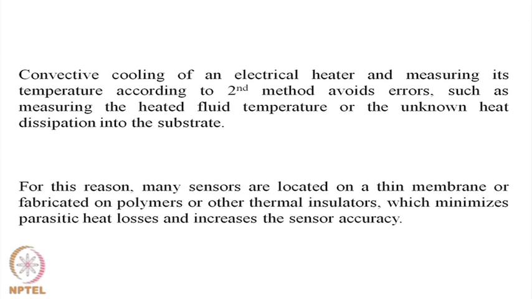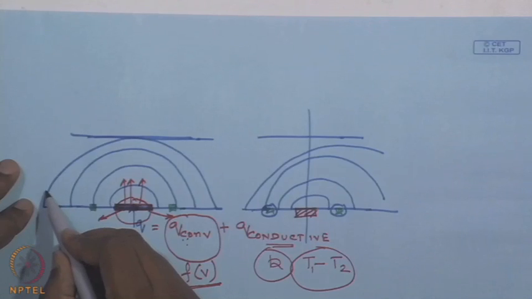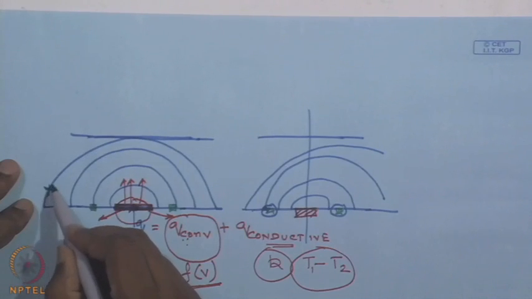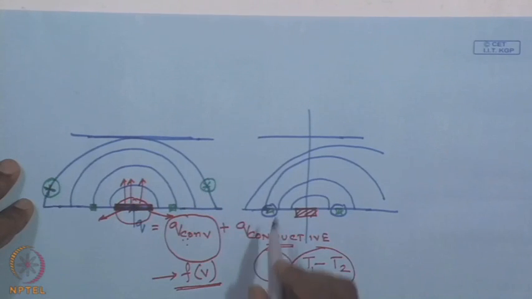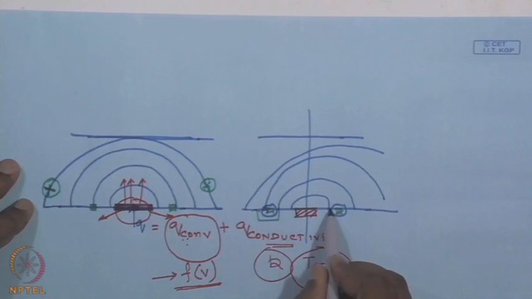Now, if you use convective cooling for an electrical heater and you measure the temperature according to the second method that we have just discussed, it involves lesser errors. In the second method, we do not have to measure the temperature of the fluid at different points, which is difficult. Rather, we measure the temperature of the solid at different points.